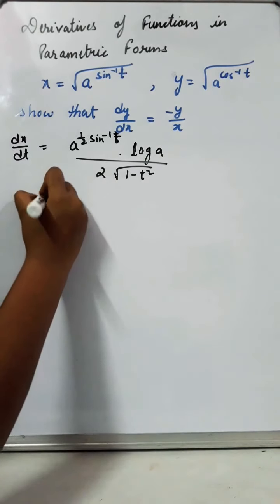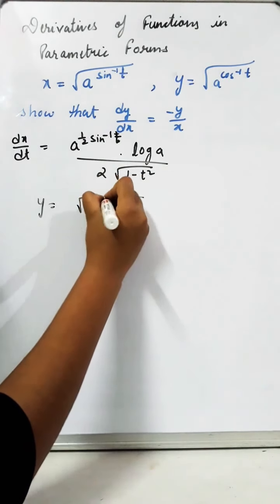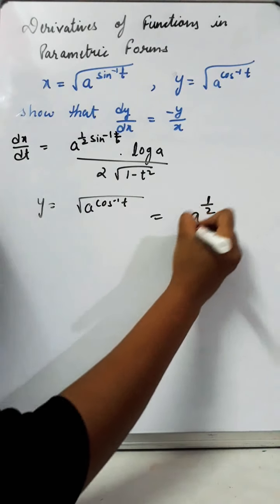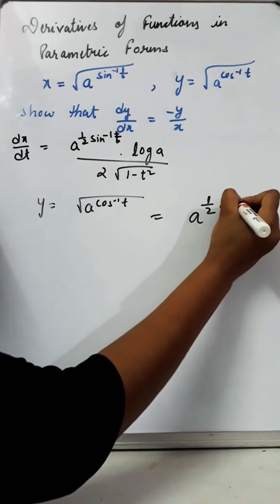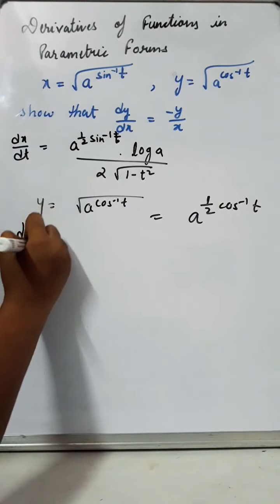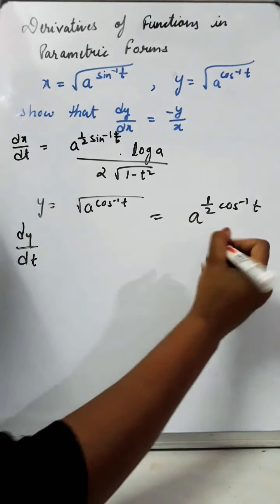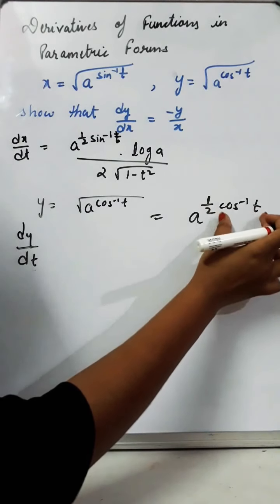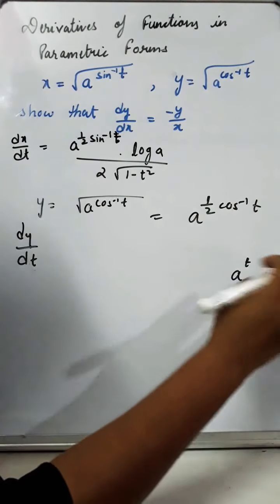Now see, y is your under root a to the power cos inverse t, which is also a raised to the power 1 upon 2 cos inverse t. Now if you have to find dy dt, this is something like a raised to the power t, or it is not actually t but some function of t, and you know if it is a function of t, you have to apply the chain rule.